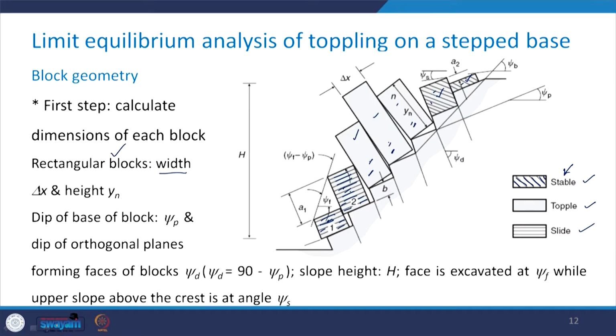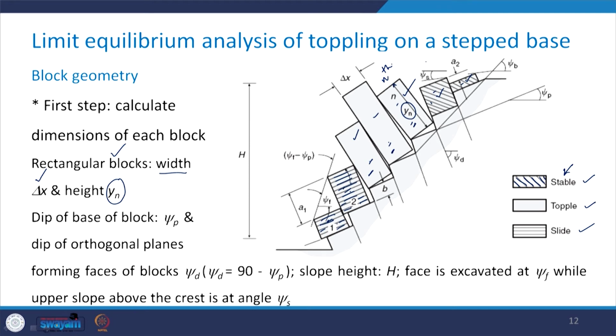having width delta x and the height yn. So, if I take the nth block which is here, the height of this block, that is from its base to its top, is yn. If it is the first block, its height is going to be y1, y2, y3 and so on up to yn.